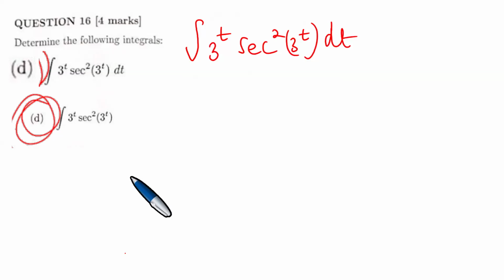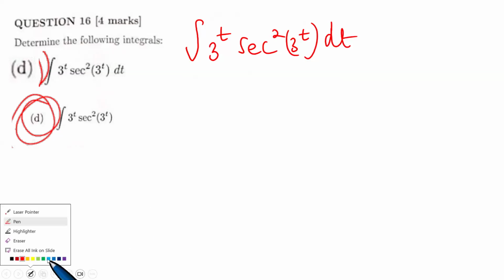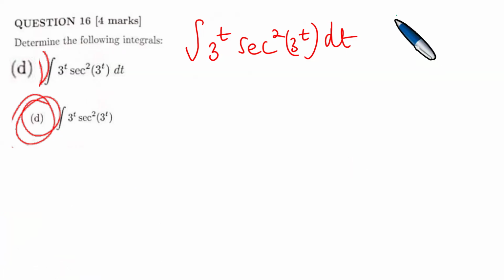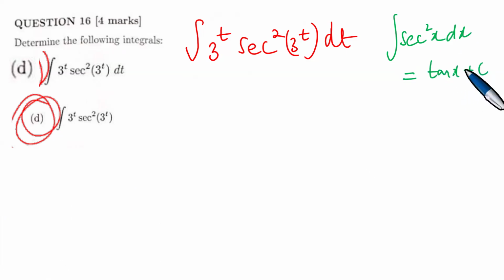But obviously, there are things we need to remember. We need to spend time on the properties of integrals. If you have the integral of secant squared of x dx, we know that this is the tangent of x plus c.